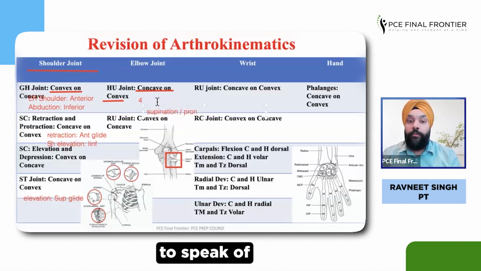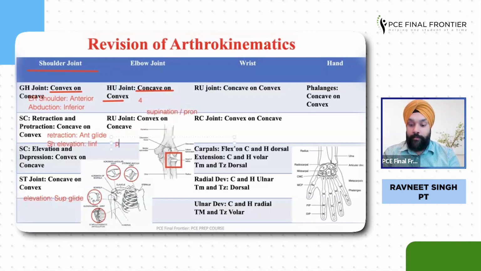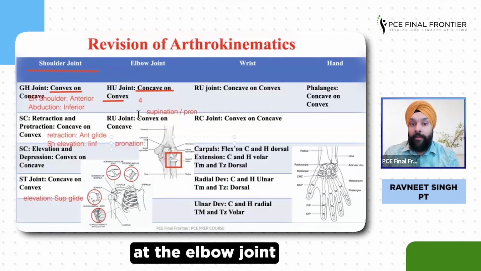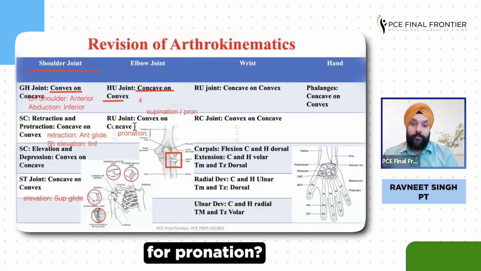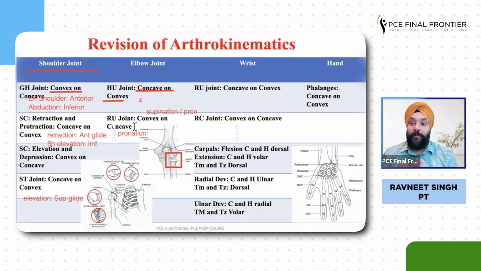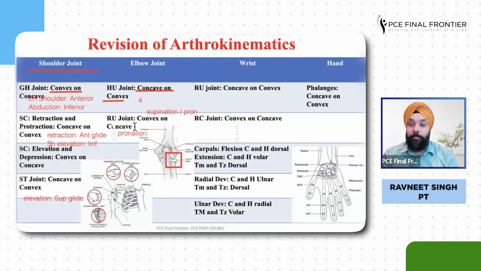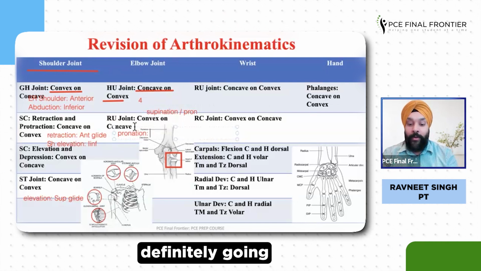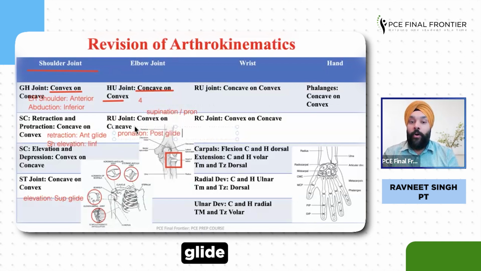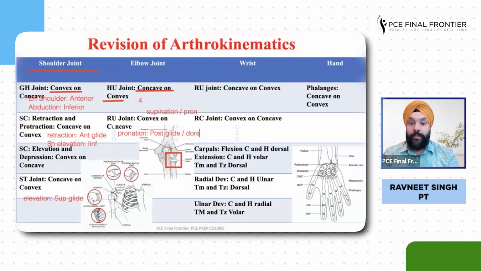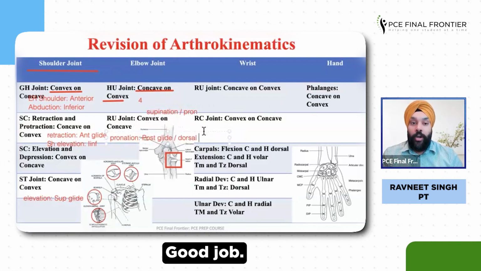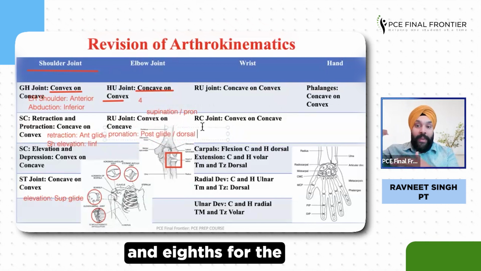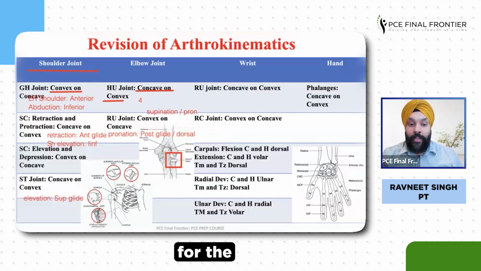If I have to speak of pronation, what is going to be the direction of the glide at the elbow joint for pronation? Pronation is the anterior movement, so that's definitely going to be the posterior glide or the dorsal glide. Very good. Good job. I can see why we had tens and eights for the arthrokinematics.